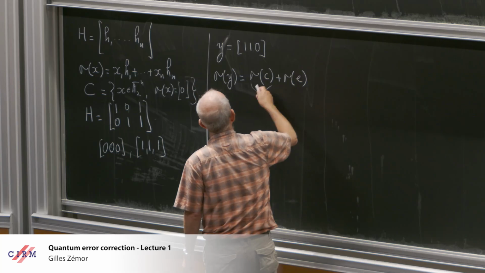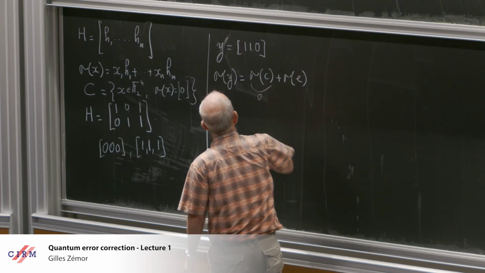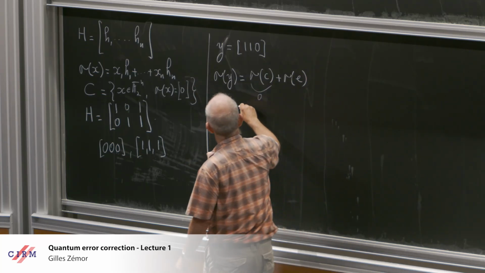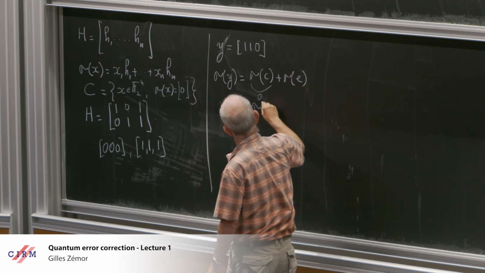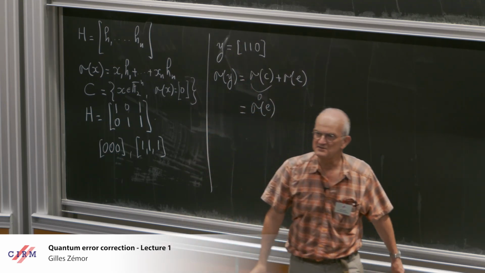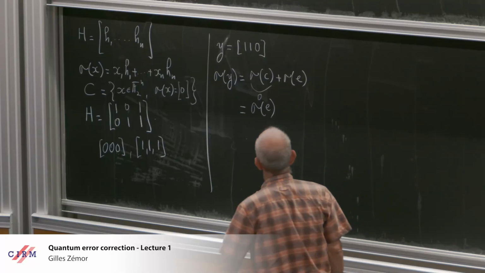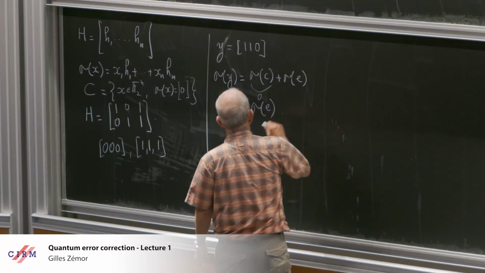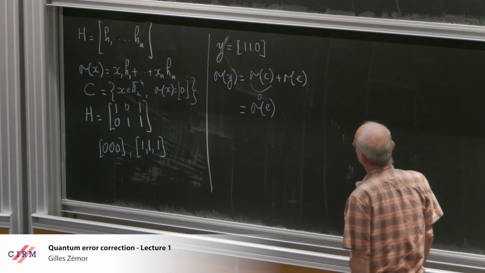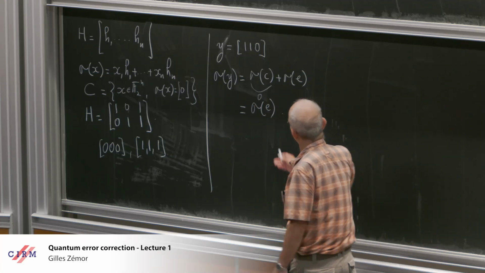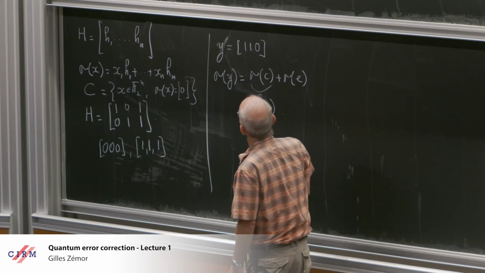And syndrome of c, if c is a code word, by definition is 0. So you compute the syndrome of the received vector, it's always going to be equal to the syndrome of the error. And then to decode, all you have to do is figure out what is e from syndrome of e.